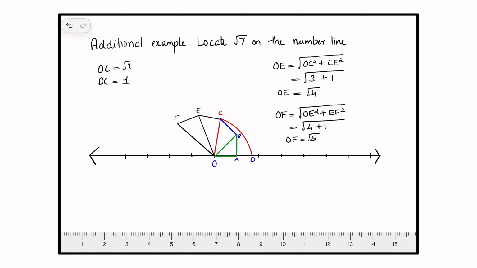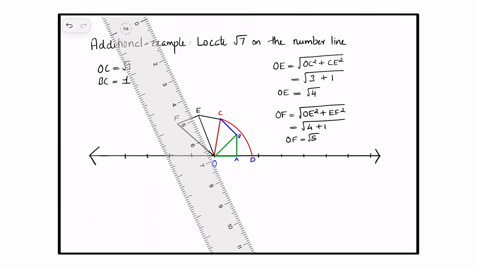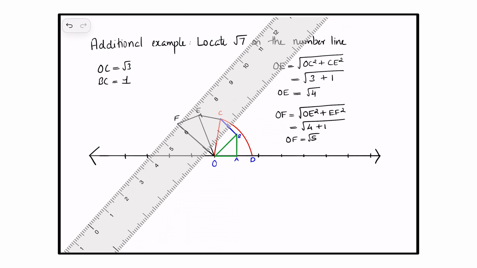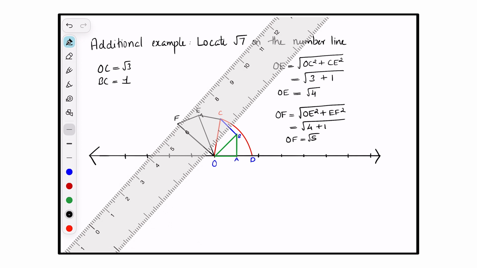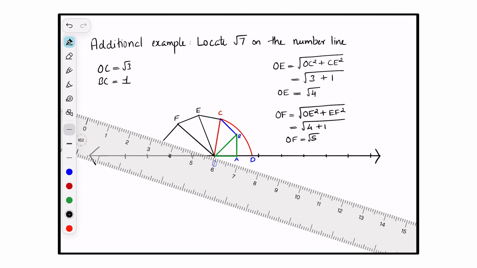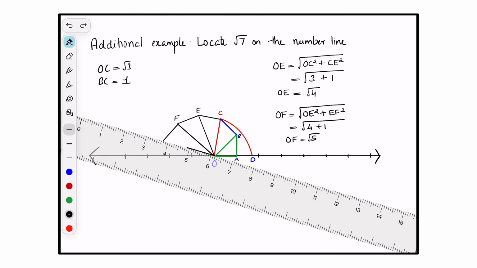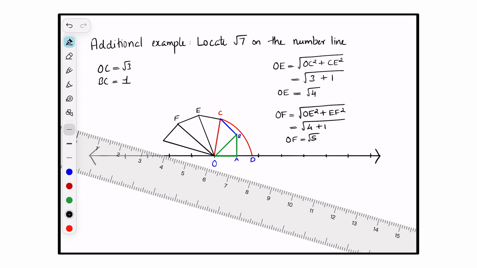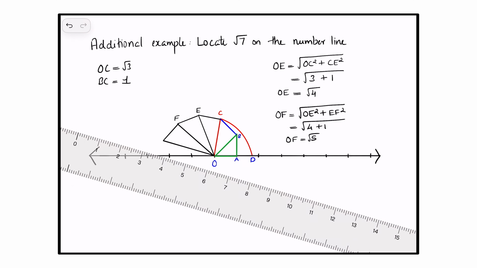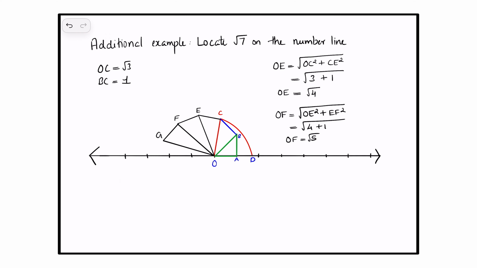Now I have to get root 6. How do we do it? I will construct a line of 1 unit in size perpendicular to OF, and then I will join this. I will get root 6. Let me do that. I'll denote the new point as G. What will be the value of OG?